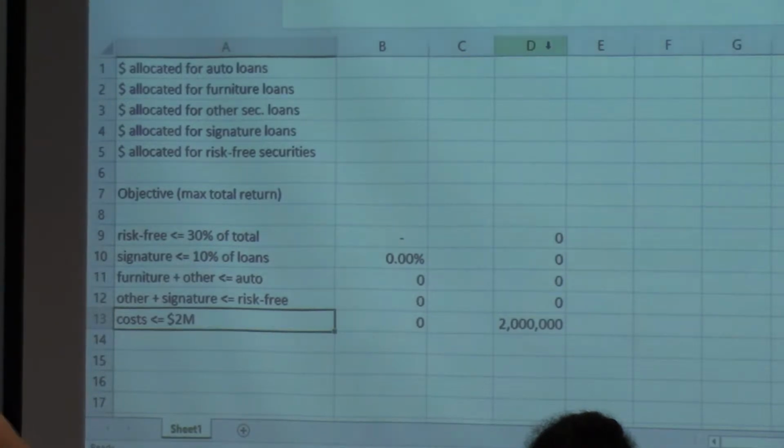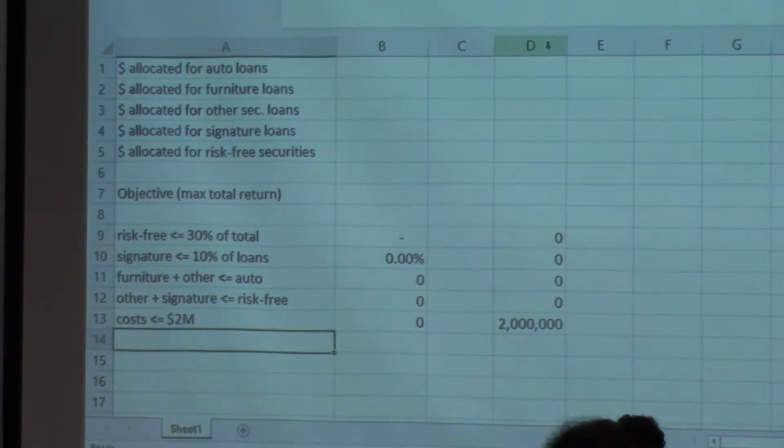Up front here, what's another constraint that we have? We're not sure. Does anyone want to help them? Logical constraints are there.